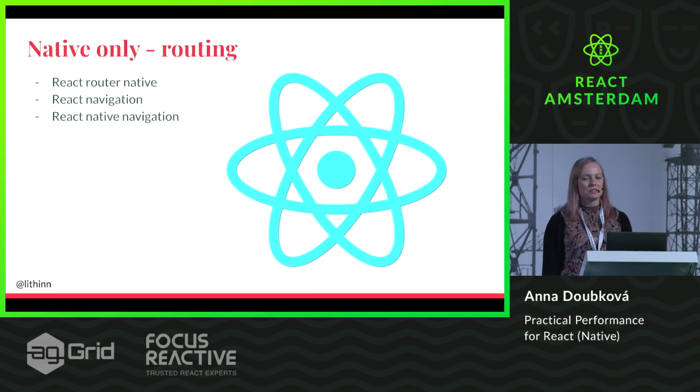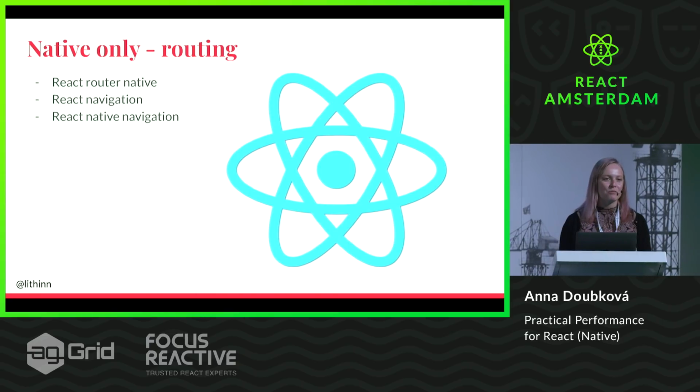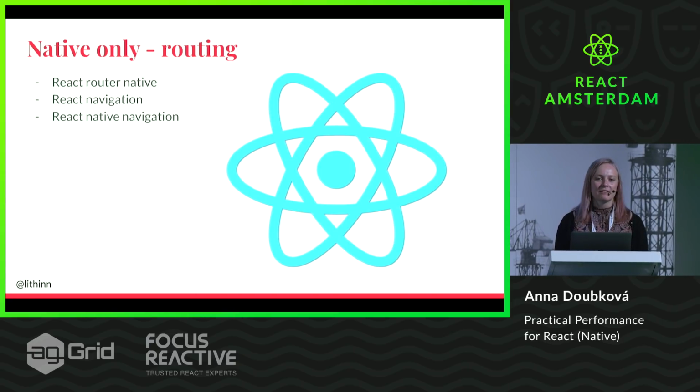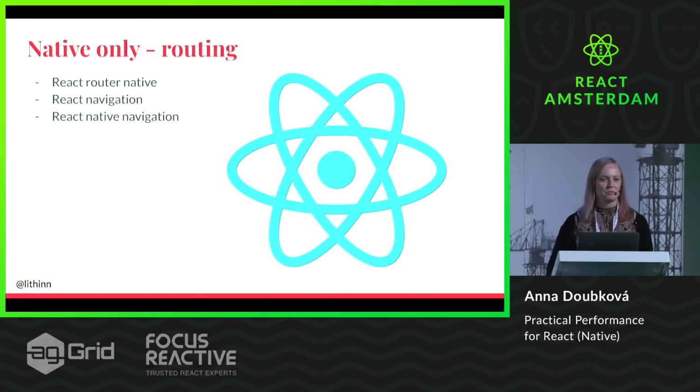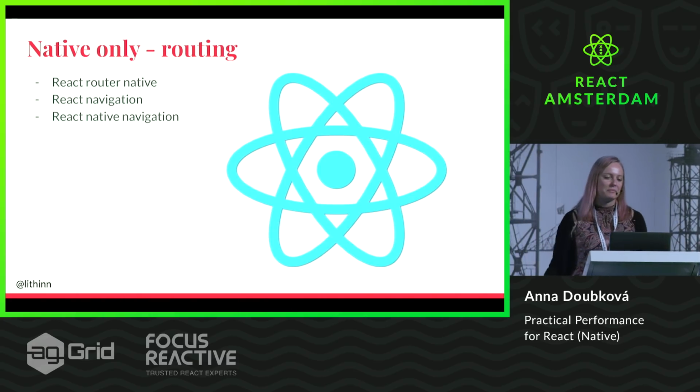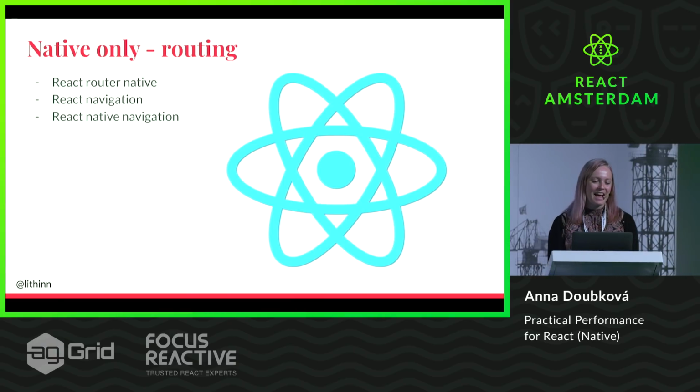So 12 months into our project, we had to stop all work and strip out the navigation and replace it with a new one. And it's interesting how much work that is. So if you're starting a React Native app, definitely avoid React Router Native. It will cause problems down the line. I'm sorry, but that's a harsh truth.